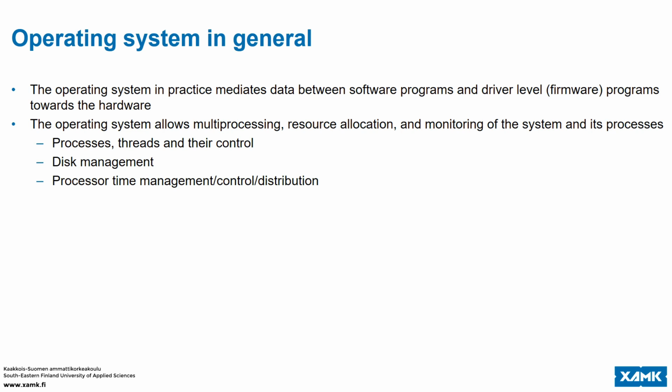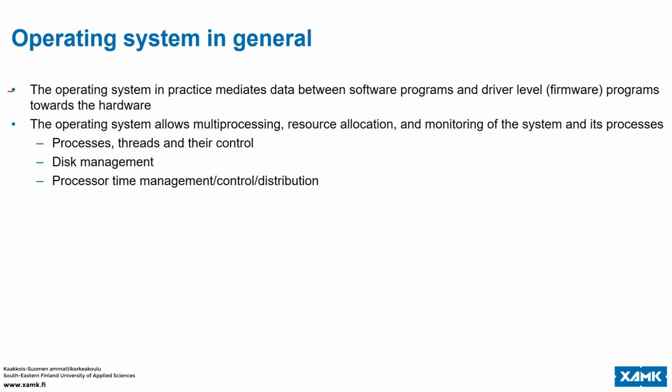Now that we have looked at the computer architecture in general, let's move this presentation toward what an operating system is in general. And let's take the first definition for an operating system. There happen to be multiple definitions for an operating system, and we will get back to that later on.